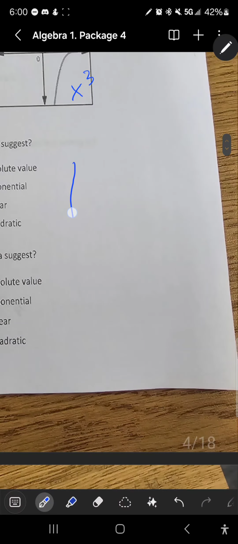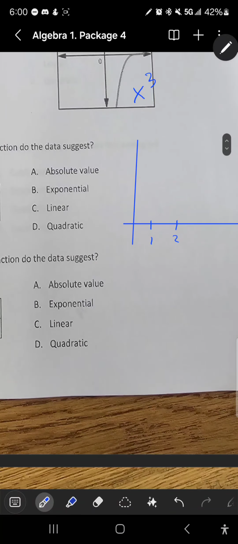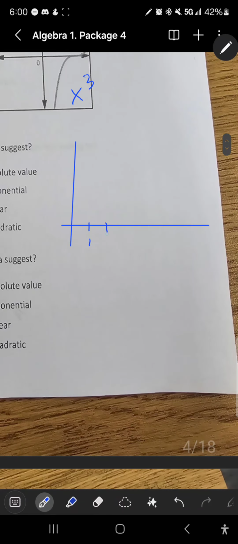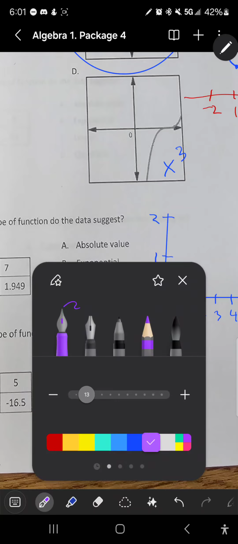So it's 1, 2, 3, 4, 5, 6, 7. Now I'm going to say this is 1, and this right here is 2, trying to leave the same space between each number.